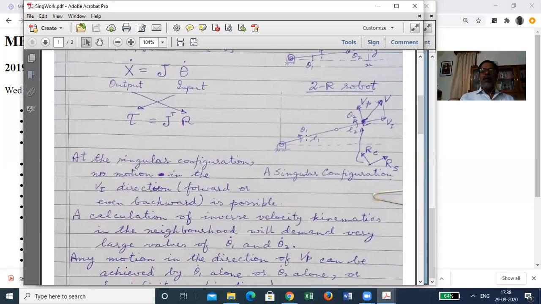Okay. Now, so the whole boundary, so internal boundary of the workspace and outer boundary of the workspace. So now through this we come across workspace.